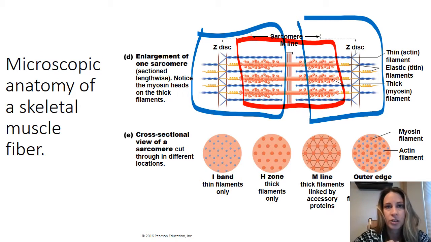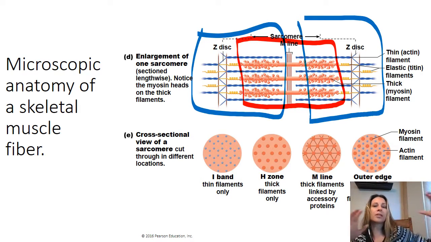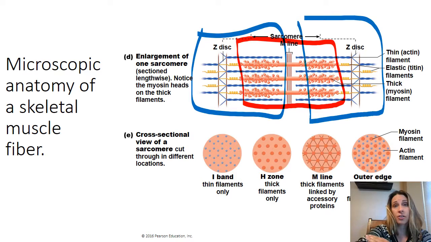Myosin wants to reach out and grab actin and pull it closer. And every time it does grab it and pull it closer, a contraction begins or is facilitated. And when it lets go or releases, then muscles can relax. And actin moves farther away from myosin, which is why relaxed muscles are longer than contracted muscles, which are shorter.